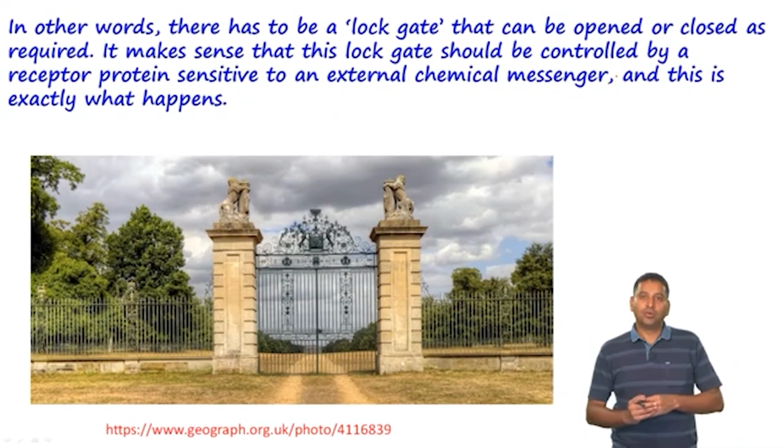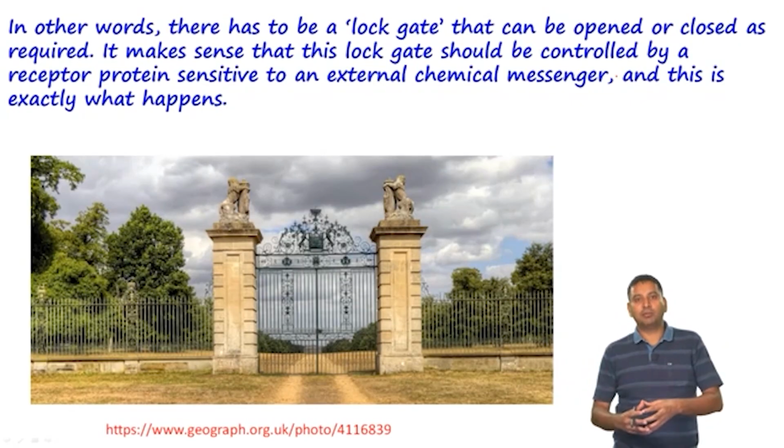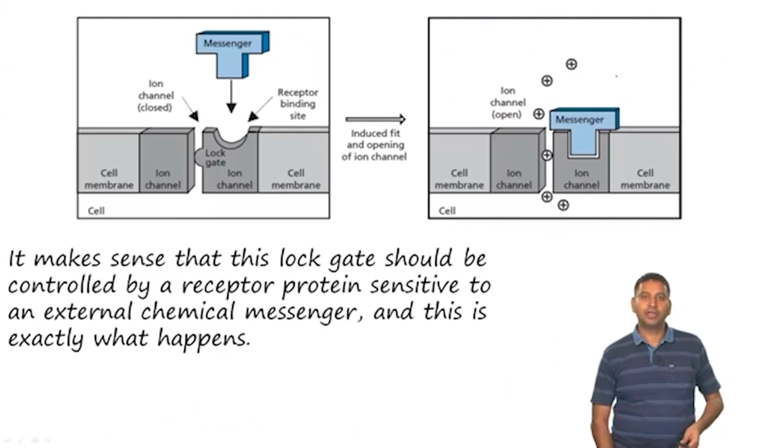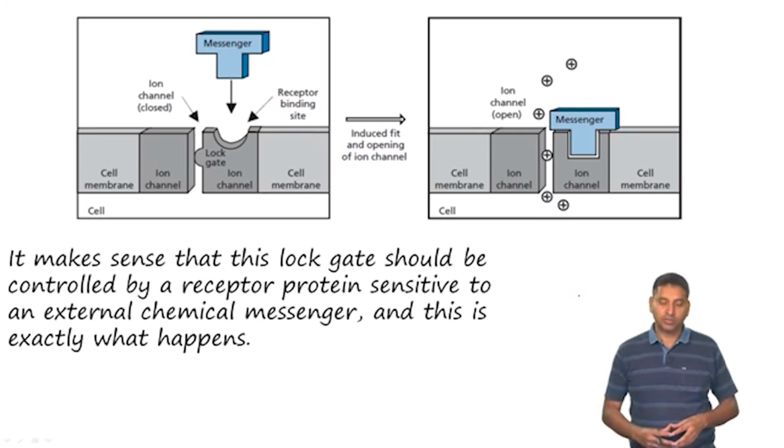This kind of analogy is what we would use to understand how these ion channels are regulated. Once the external chemical messenger transmits the signal, this is exactly what happens in an ion channel receptor system. In this cartoon, we shall look at how the ion channel receptor system works.